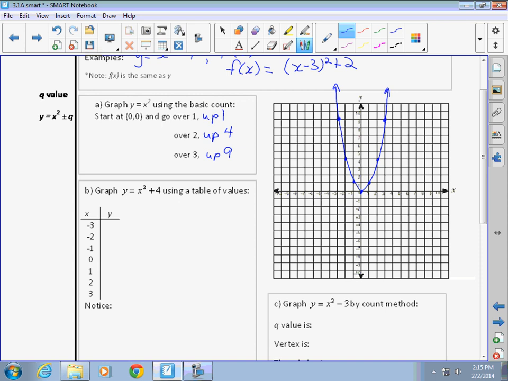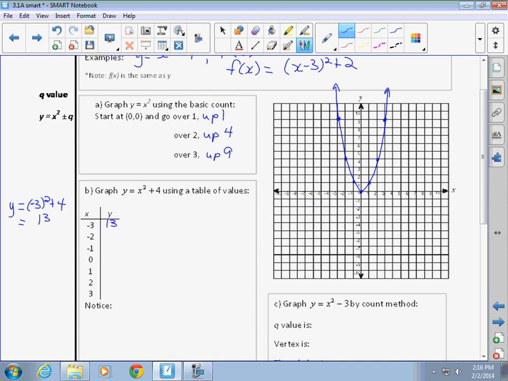Okay, so now we're going to try the graph for y is equal to x squared plus 4 using the table of values. So when I have y is equal to x squared plus 4, I'm going to substitute first in my -3, but I have to add 4 to that. So that's going to give me 9 plus 4 is 13.